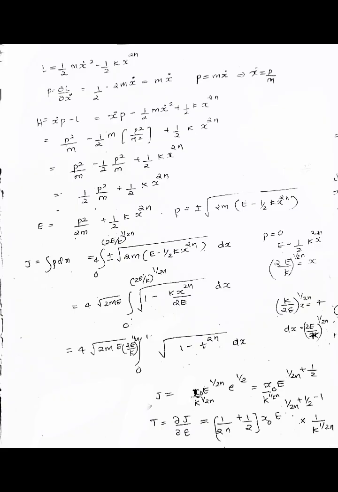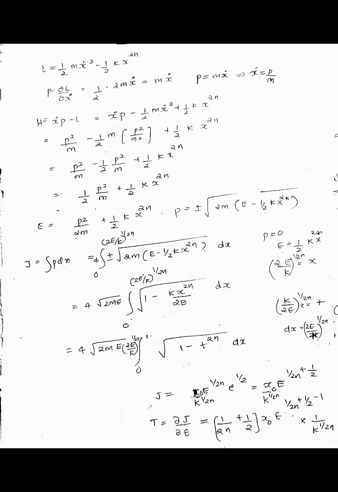So the limit changes from 0 to (2e/k)^(1/2n), that is j is equal to 4 into the integral from 0 to (2e/k)^(1/2n) of plus or minus square root of 2m into (e minus half k x^(2n)) into dx, that is equal to 4 into root 2me integral from 0 to (2e/k)^(1/2n) of square root of 1 minus k x^(2n)/2e into dx.